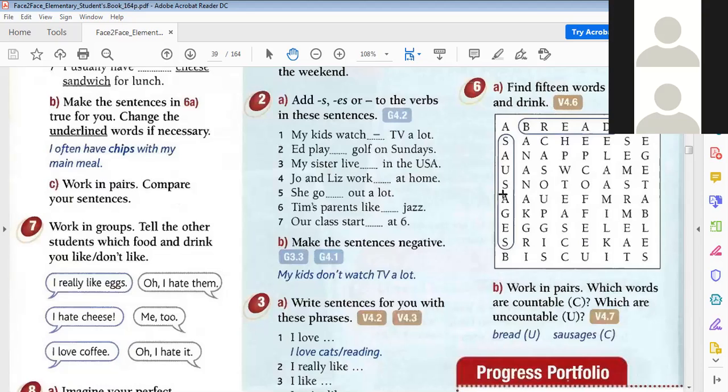Here we have sausages and we have bread. What other foods can you think of? Cheese. Okay. Let's write Apple. Cheese. Toast. Biscuits.